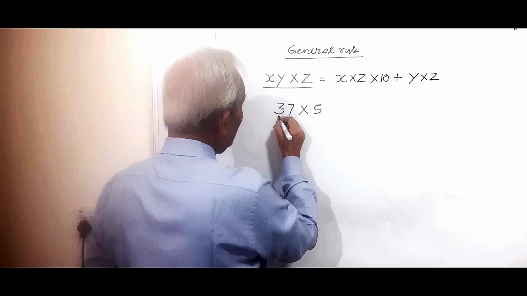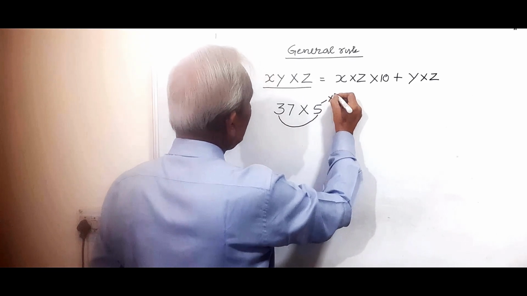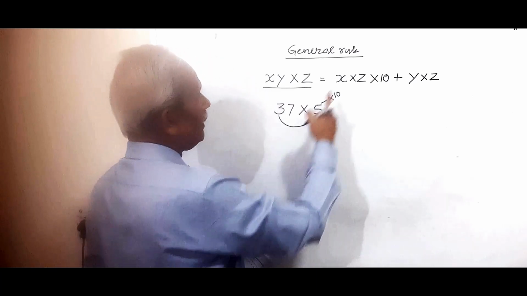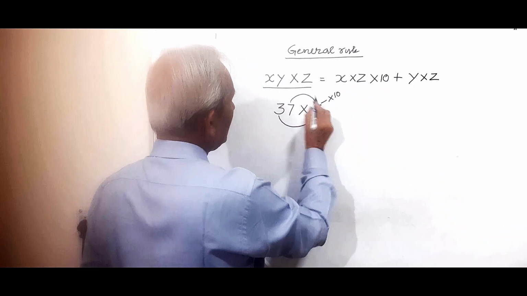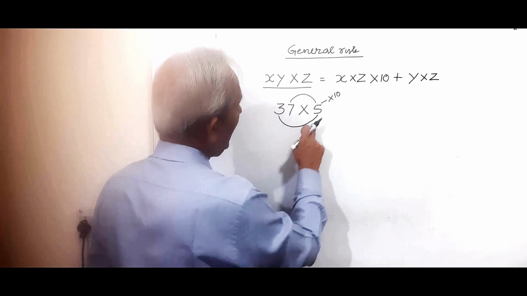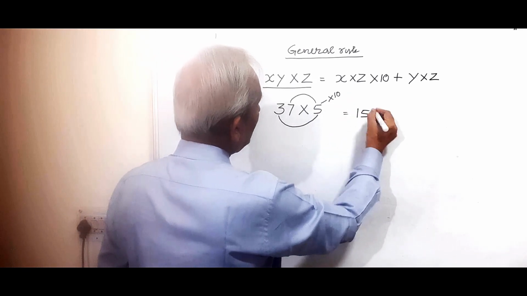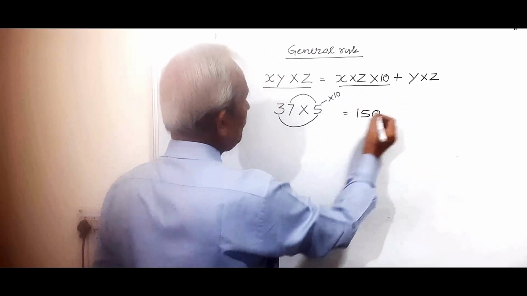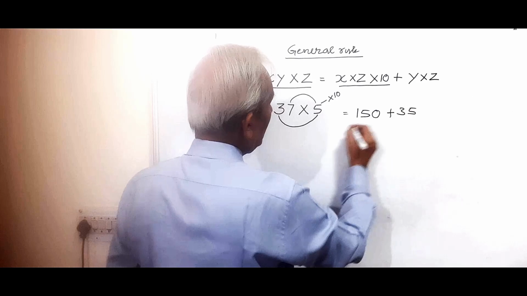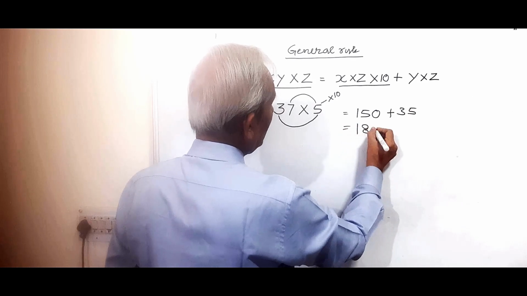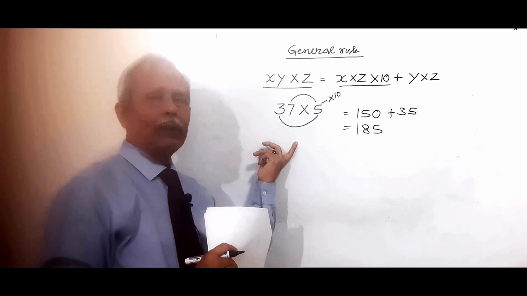This is x, this is z, this into 10. This is the first number, plus y into z. So first 3 into 5 into 10 is 150. That is, x into z into 10, plus 7 into 5, 35. So 185. Whatever we did earlier, it is the same thing, but in a different way I am doing it here.